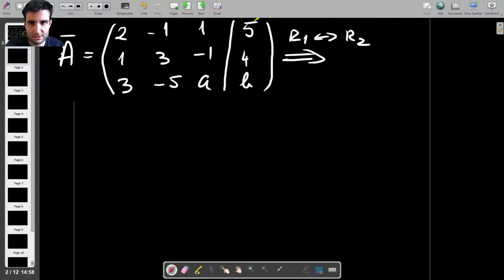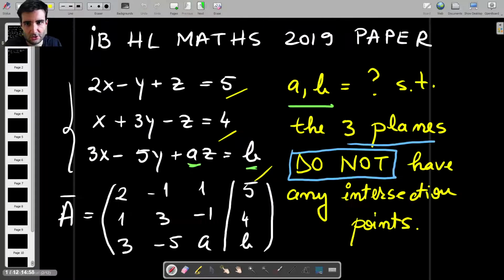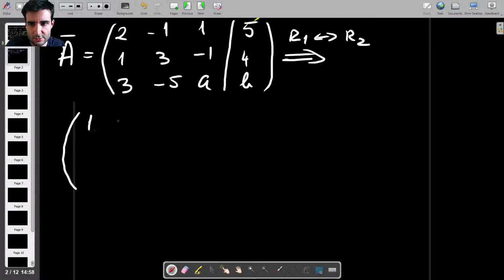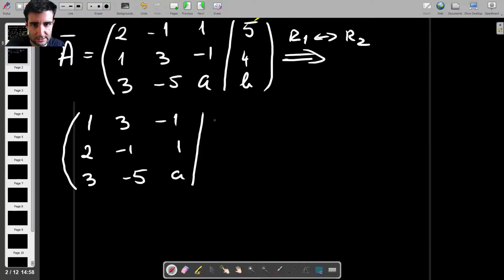The system will still be the same system, except I'm just changing the order of those two equations. I'm essentially flipping them, which doesn't really change anything. So this is 1, 3, minus 1, and then the new second row is 2, minus 1, 1, and then 3, minus 5, a. And of course, we have to change what's on the right hand side as well. So this is going to be 4, 5, and b.